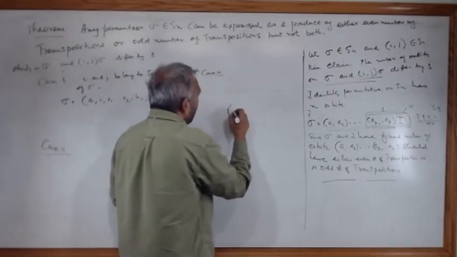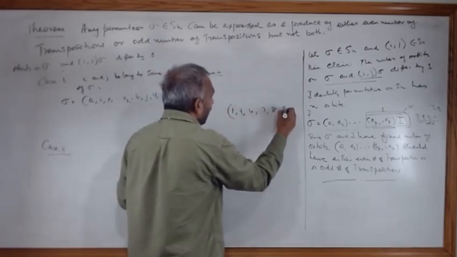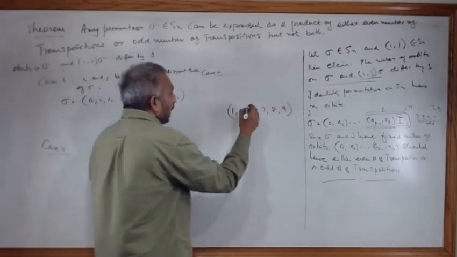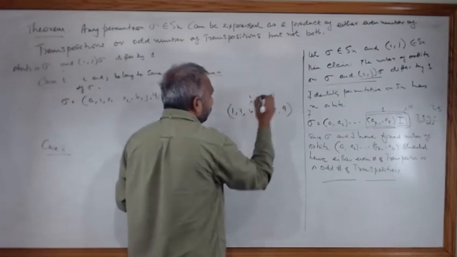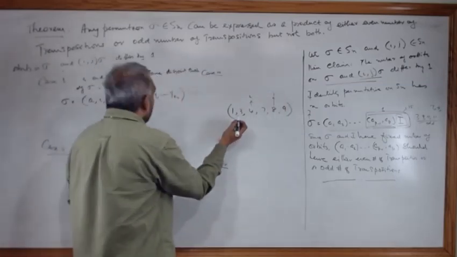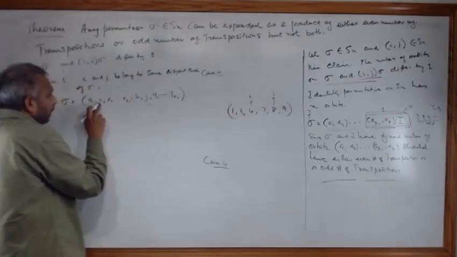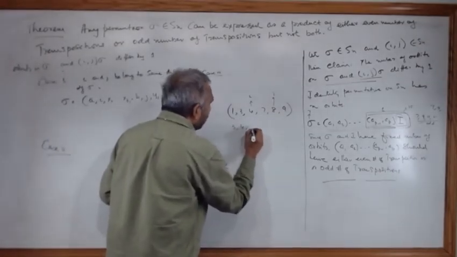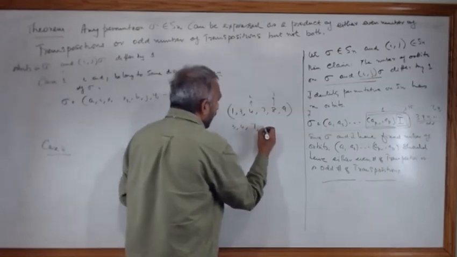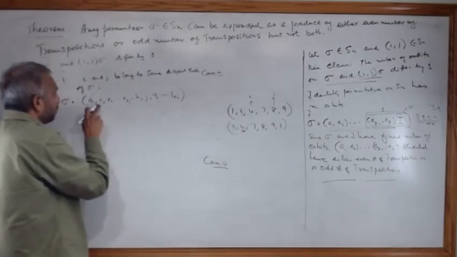See, if the cycle is 1, 3, 4, 7, 8, 9, and this is probably my i, and this is probably my j. This is not coming as the second item here, but you can always write this as 3, 4, 7, 8, 9, 1. So that will become the second one, and that's what I'm trying to say here.